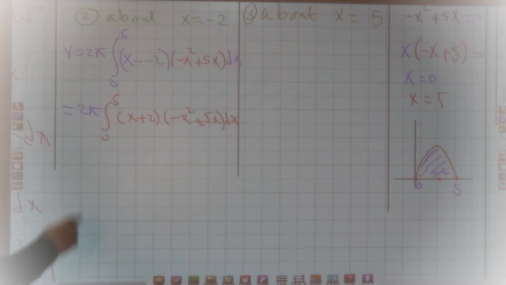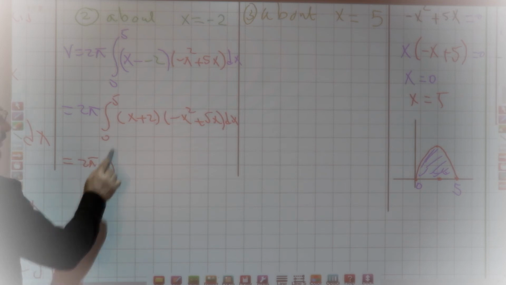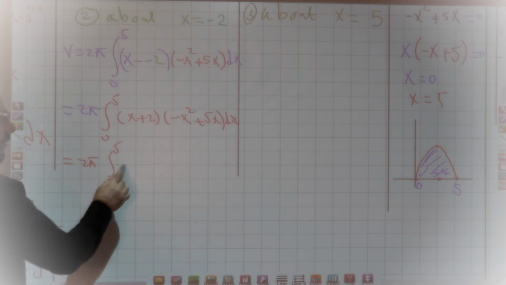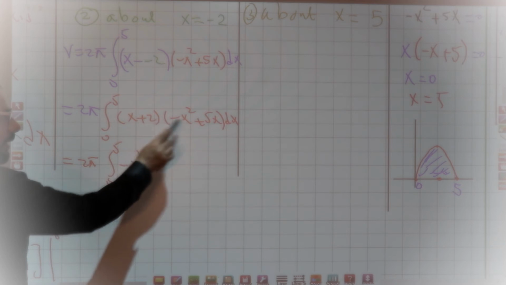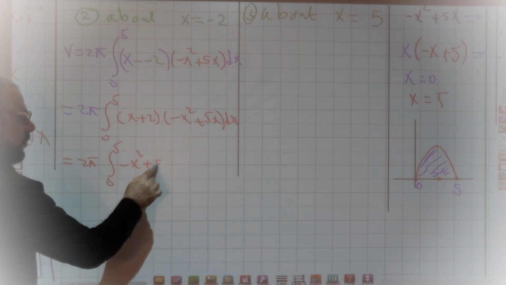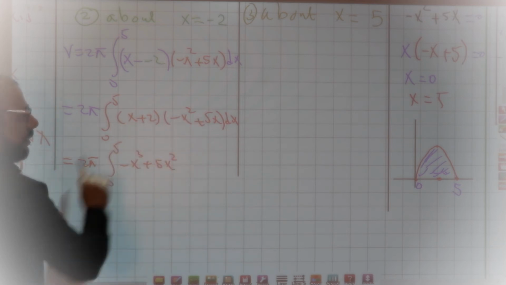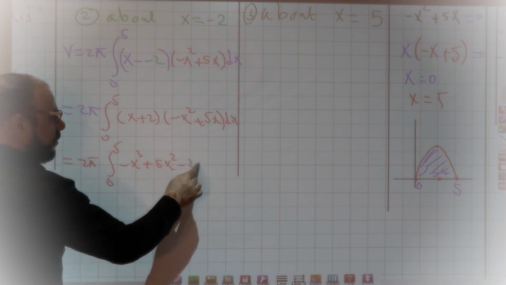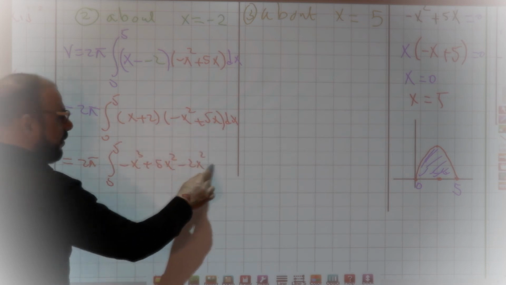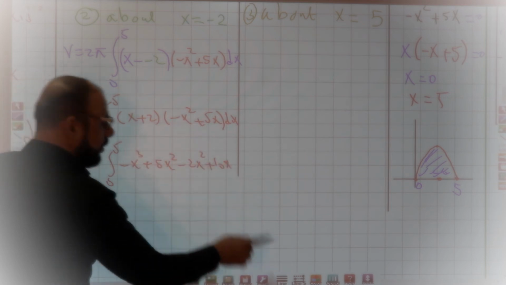Okay, then 2 pi, 0 to 5, just multiply x times negative x cubed, right, plus 5x squared, minus 2x squared plus 10x dx.